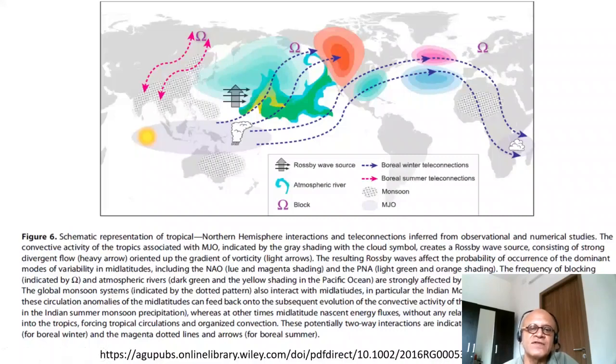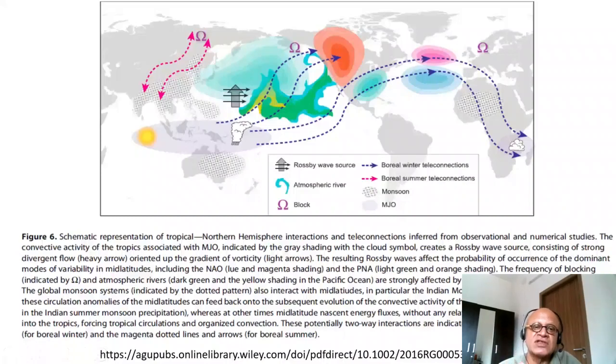Obviously, models have lots of deficiencies, let's say biases and so on, as we mentioned before. The correct location of the heat source is required, the correct jet stream and its activities are required, and the processes that link them can only be accurate when all of those processes are correctly represented. There are always some deficiencies, but you still try to figure out what is dynamically consistent within the model.